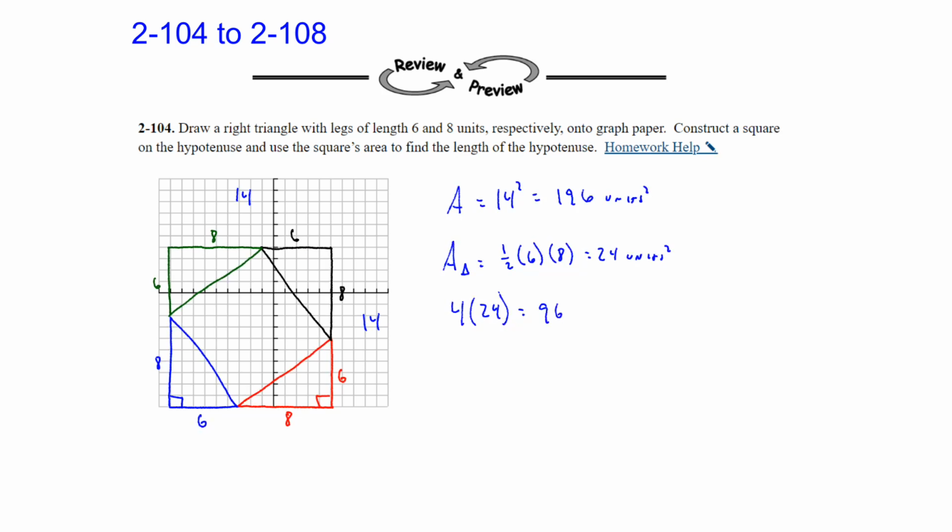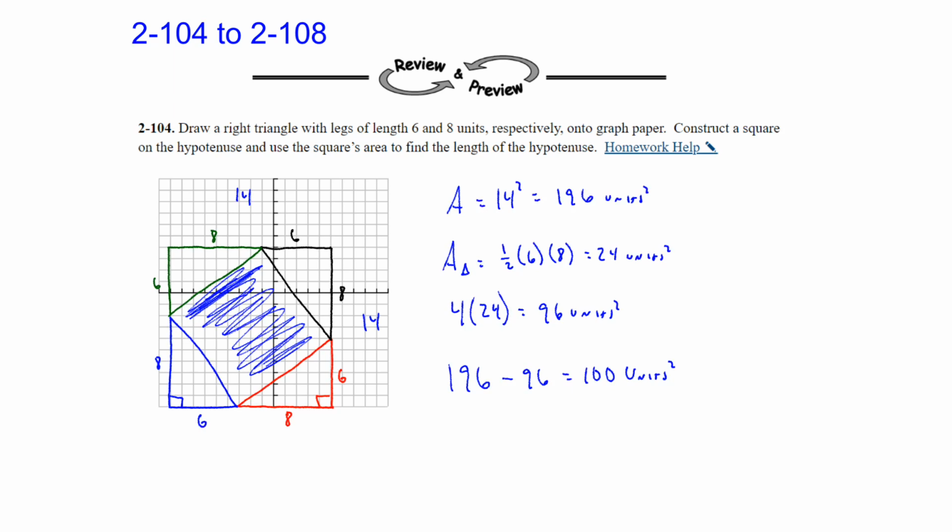And so that would be 96 units squared. So we're going to take the big square and subtract the area of the 4 triangles. And that will give us 100 units squared for the area of this inside square.